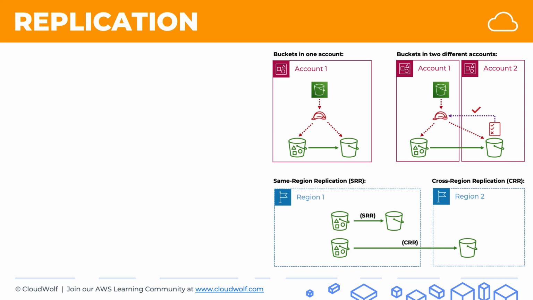And again, there are of course use cases for each one of them. For example, in same region replication, you might be just creating archiving data or sharing data between accounts. In terms of cross region replication, you might be using this to keep your data closer to your end users, or to create a backup for disaster recovery in case the whole region fails, for example.